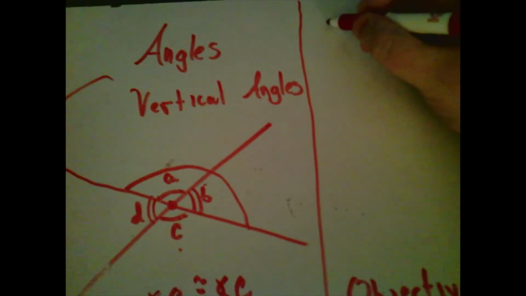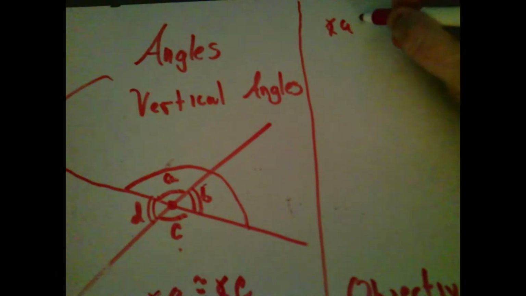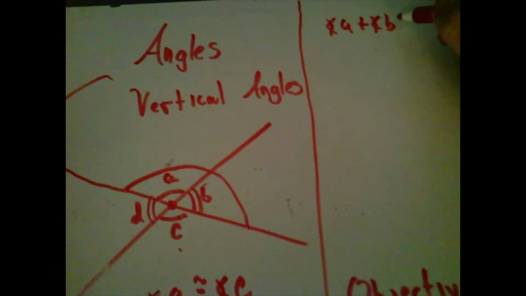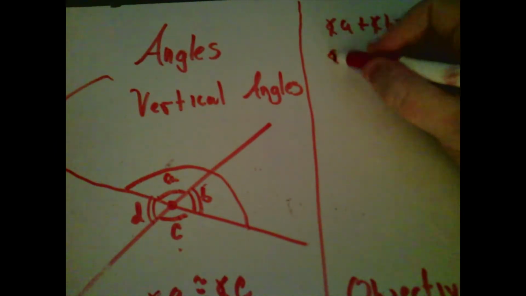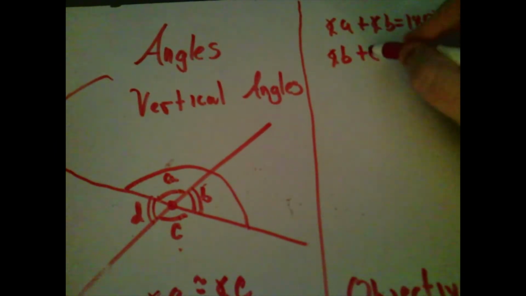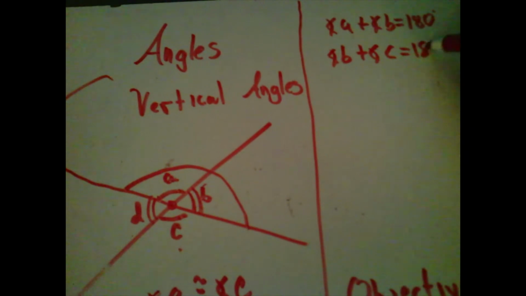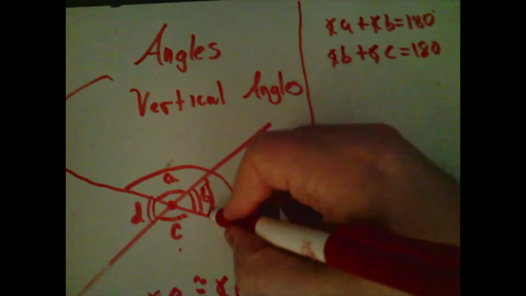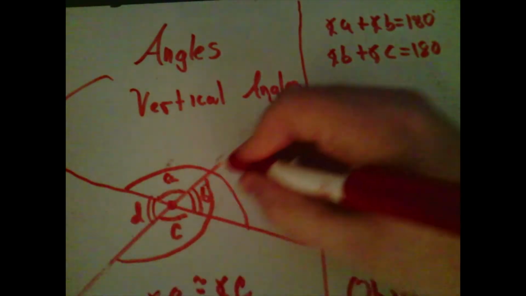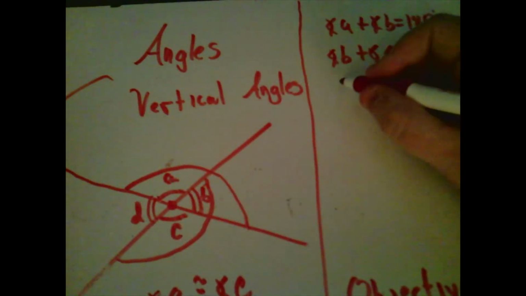So we have angle A plus angle B equal to 180. Angle B plus angle C is equal to 180. That's this angle here, BC. That's half a circle. It's this entire line's worth of angles.